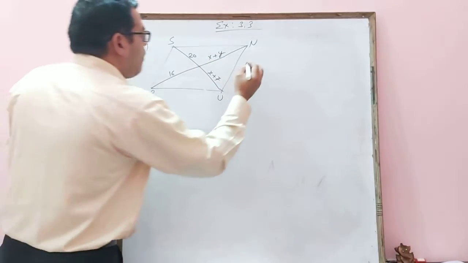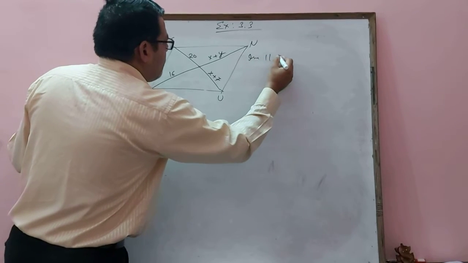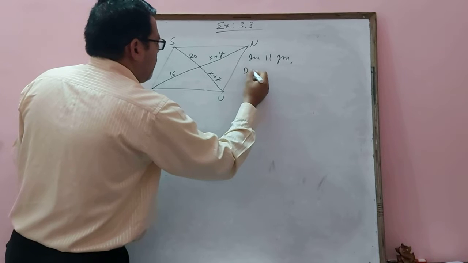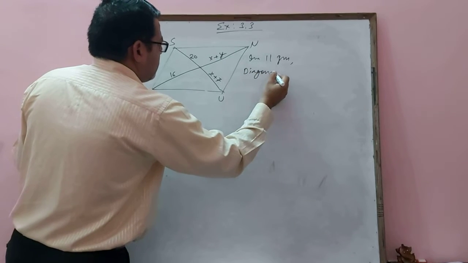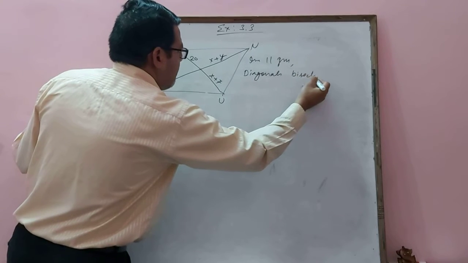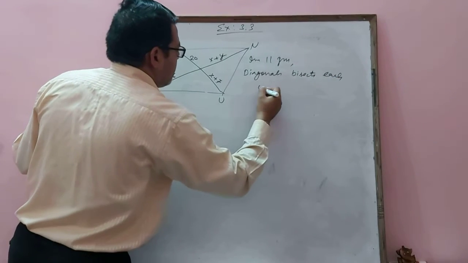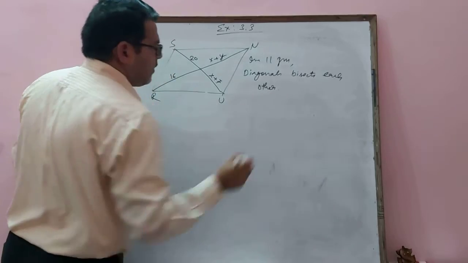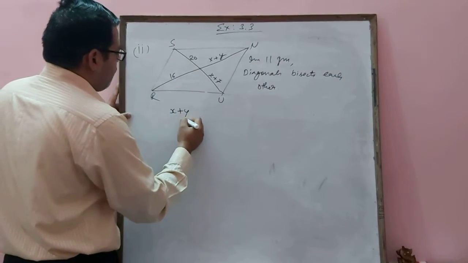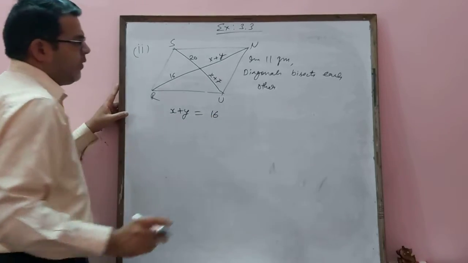So in a parallelogram the diagonals bisect each other. Therefore x plus y will equal 16.